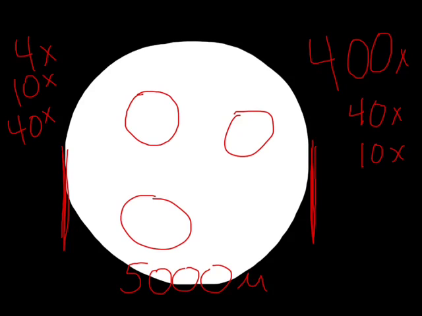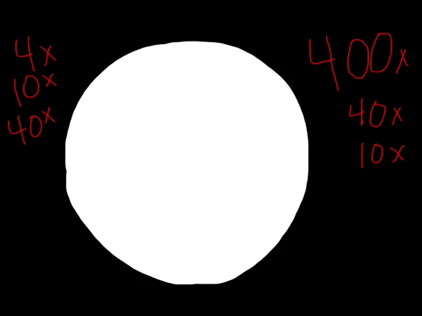So this whole spectrum that we see, our field of view, the 5,000 microns, is on the low magnification. When we jumped it up to high magnification, the size of the cell didn't actually change, just what we saw.